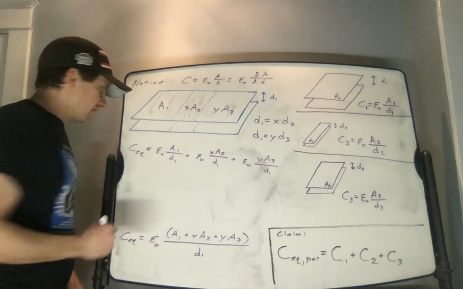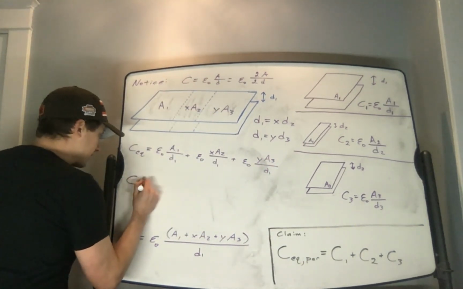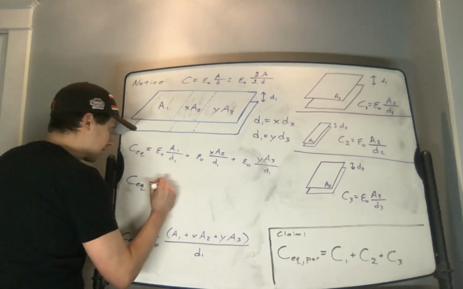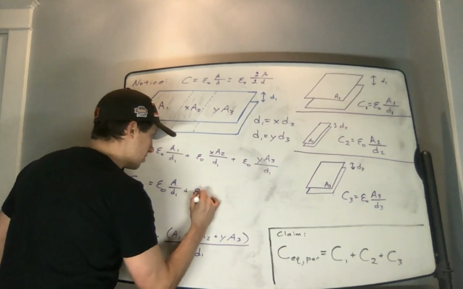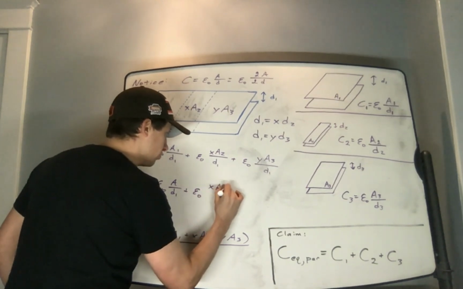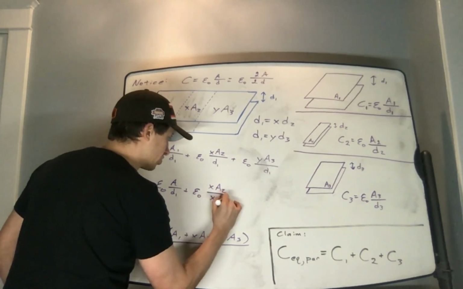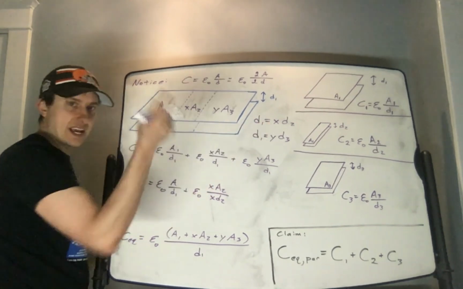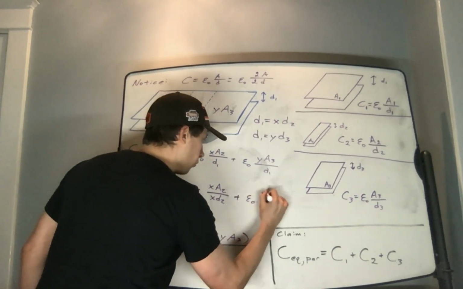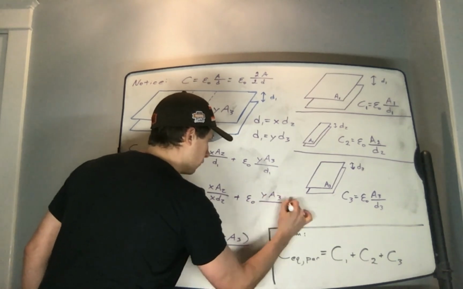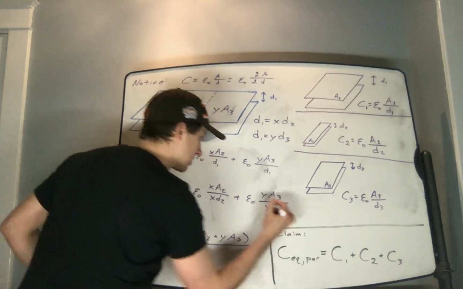We could then write this as C equivalent is equal to epsilon naught A1 over D1 plus epsilon naught x A2 over x D2, since D1 is equal to x times D2, plus epsilon naught y A3 over y times D3.